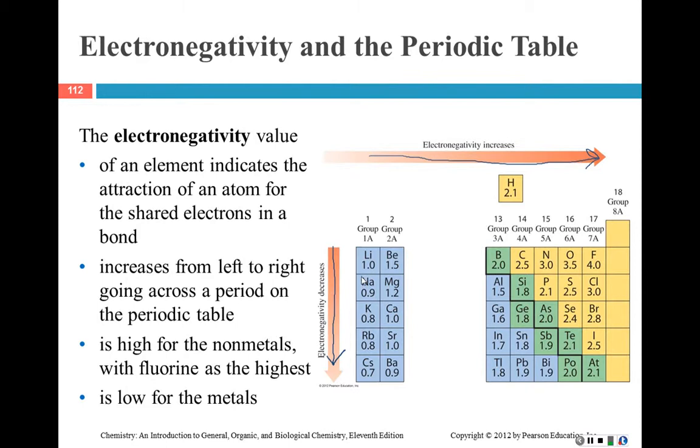It's pretty low for metals, as you see, 1.0, 1.5, 0.8, 1.0. It's relatively high for your non-metals, 3, 3.5, 4.0. So your non-metals will tend to attract those electrons that are being shared towards them and away from those metals.